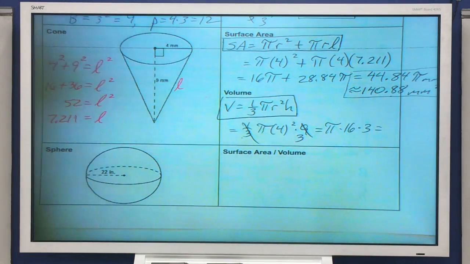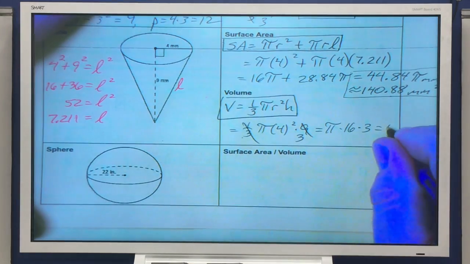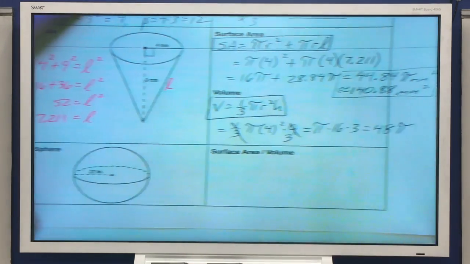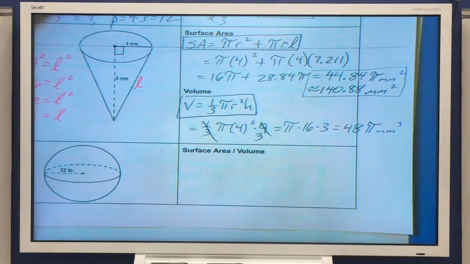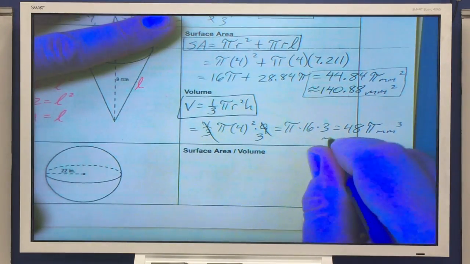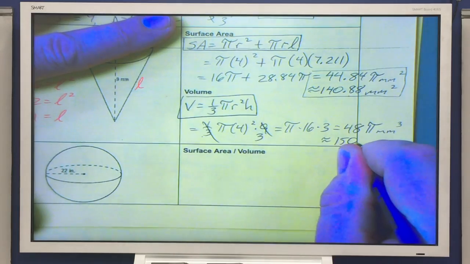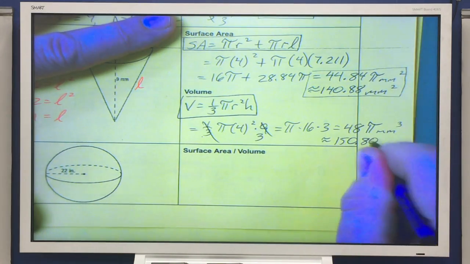And 16 times 3, I think is 64. Nope, it's 48. 48 pi millimeters cubed. We're talking about volume. And if I multiply that by pi, I get 150.80.